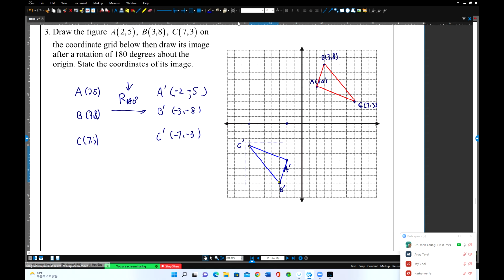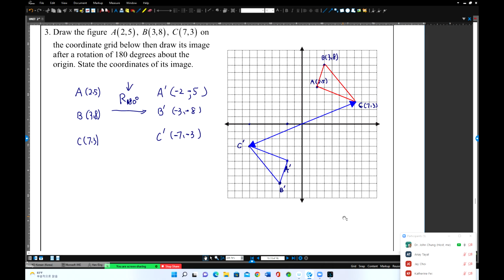Check out the one point only. See? Where is C? Exactly 180 degrees, right? Can you see that? Because the center is the origin.